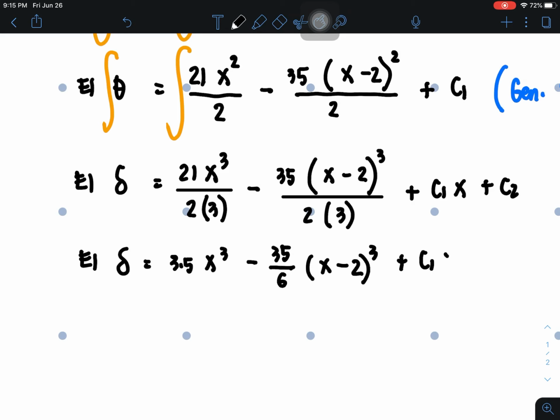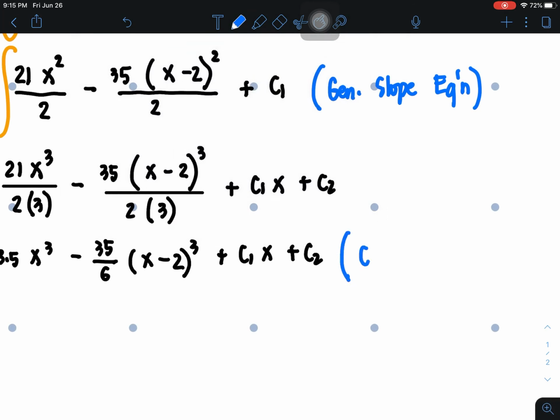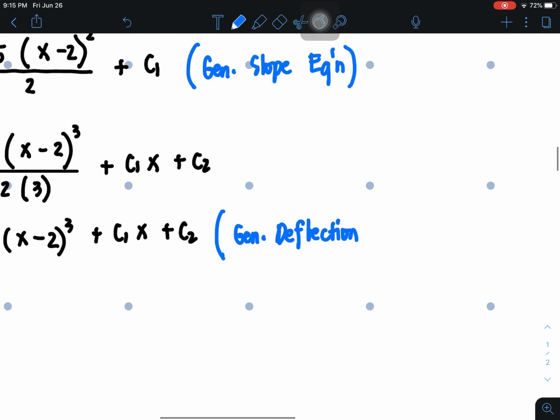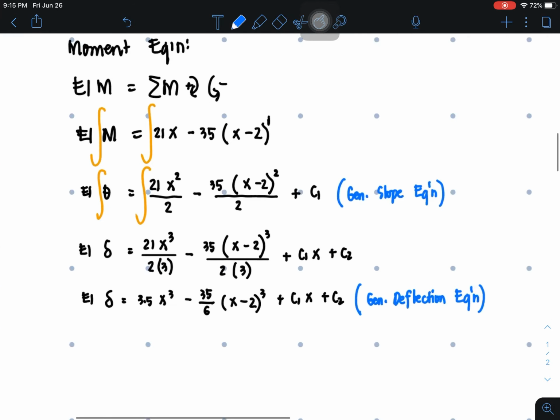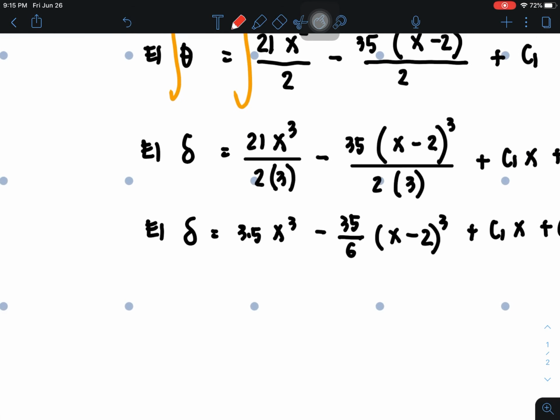Then plus c1x, then plus c2. So this is your general deflection equation. There. But we're not done because we're going to evaluate.